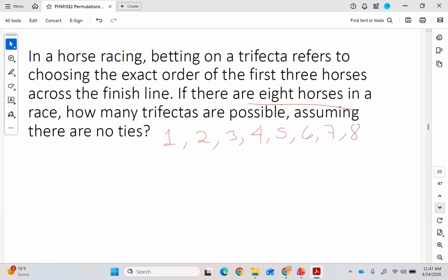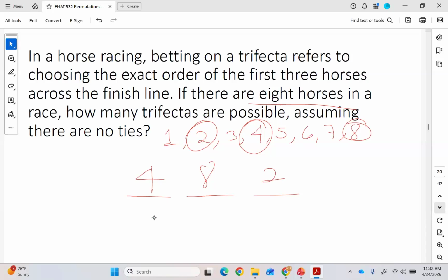For example, what about if horse number four came in first, horse number eight came in second, and horse number two came in third? So this would be a trifecta. It gives exactly the horses and the order in which they come in.